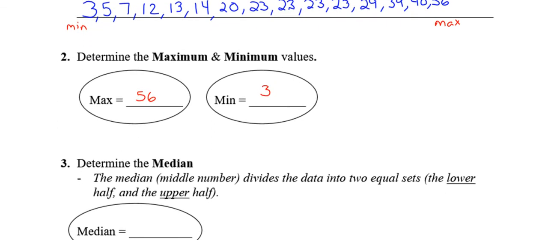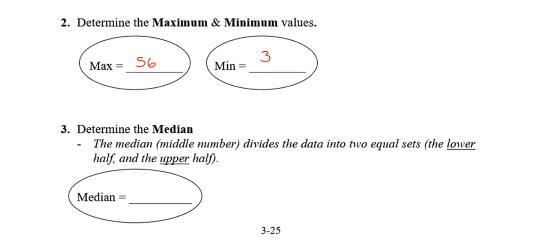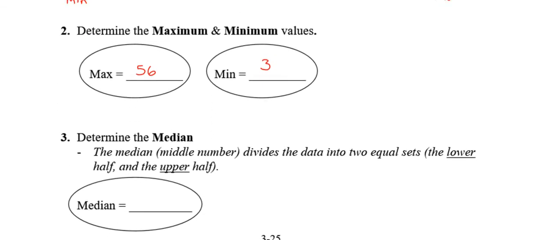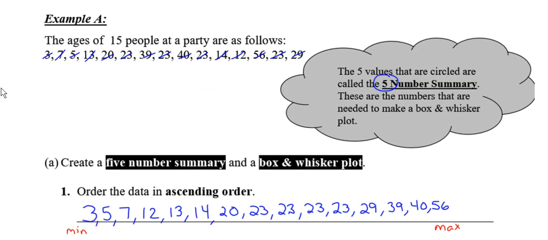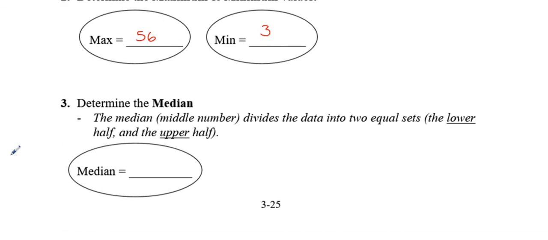Now the median, you should already know, is the middle value. And of course that divides the data into 2 equal sets. So since there are 15 pieces of data, the median position is 15 plus 1 divided by 2, which is 16 over 2, which is the 8th number.